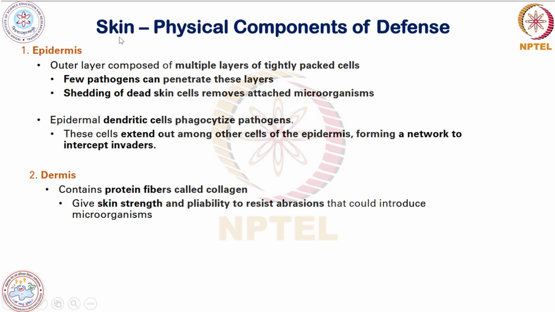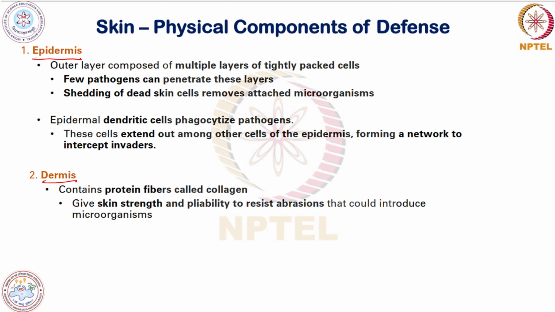So there are more details to the skin, that is the physical component of the defense. Skin is divided into layers. There is the epidermis, which is the outer layer, which acts as a shield against microbes. Then there is the dermis, that is the inner layer.